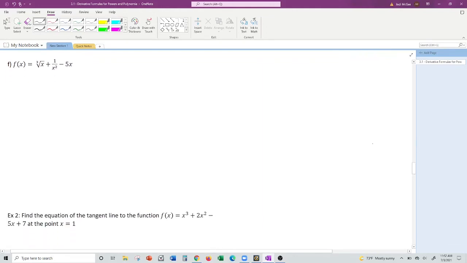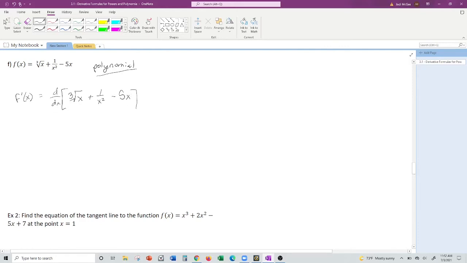And our last part for this example, we have a polynomial. So it's just a series of derivatives. We're just going to say that f prime of x is the derivative of everything that we have so far. So we have the cubed root of x plus 1 over x squared minus 5x.